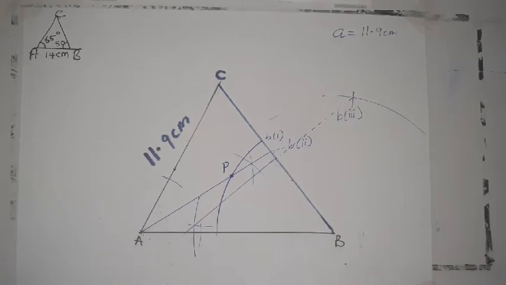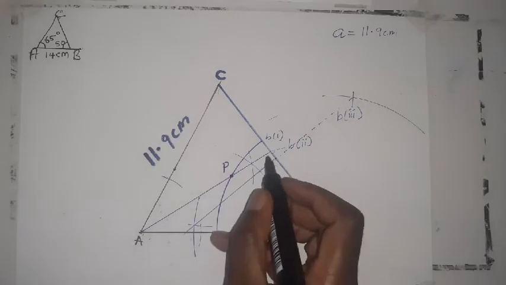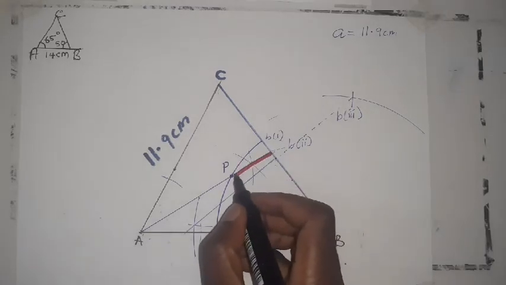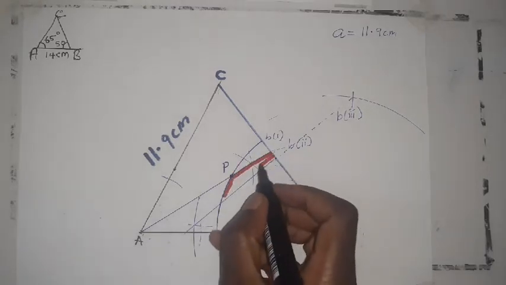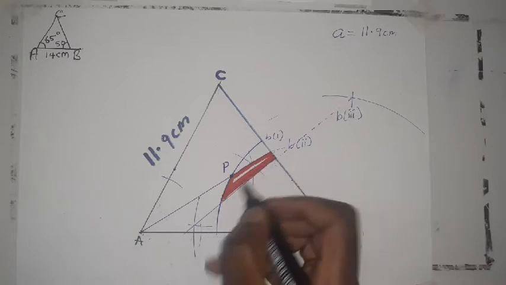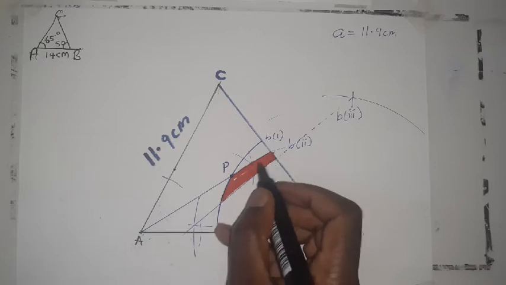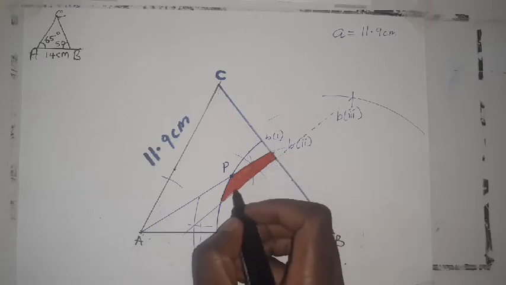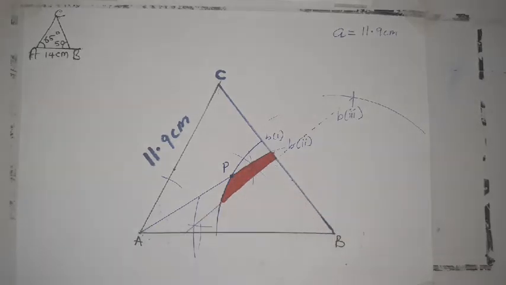You can pause the video and shade even before we do it, we shade together. The region that qualifies here, it is this one. This is the region that we are looking at.